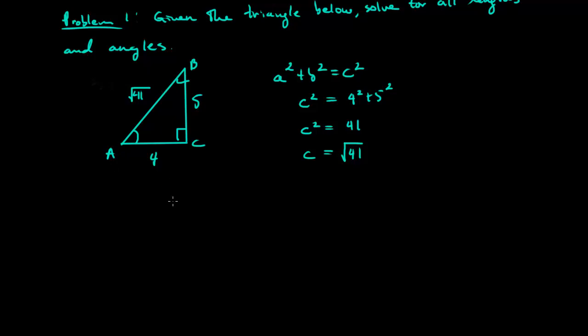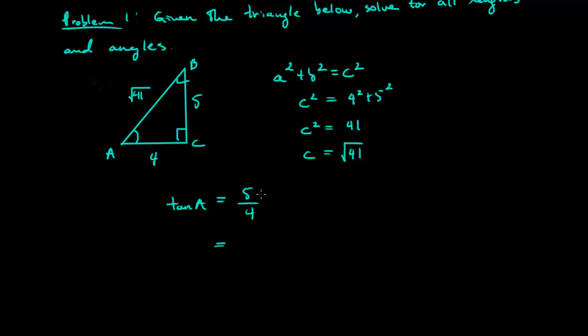The tangent of angle A is equal to the opposite divided by the adjacent. The opposite to angle A is 5, and the adjacent is 4. So we've figured out what this ratio is. It's the opposite divided by the adjacent.